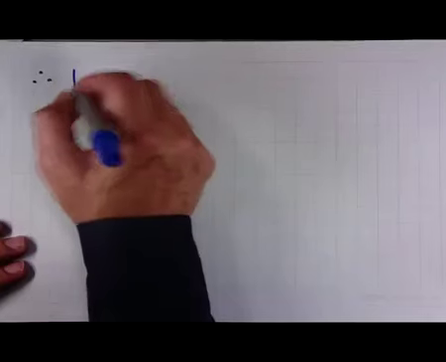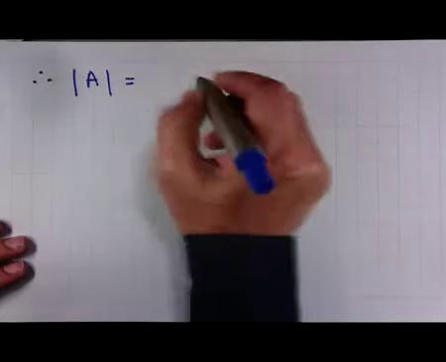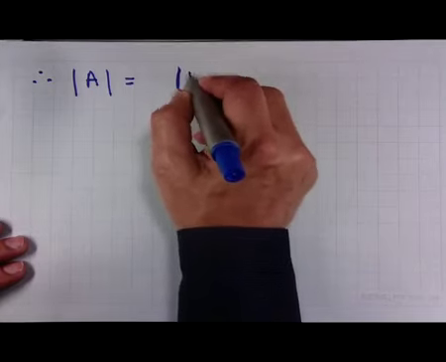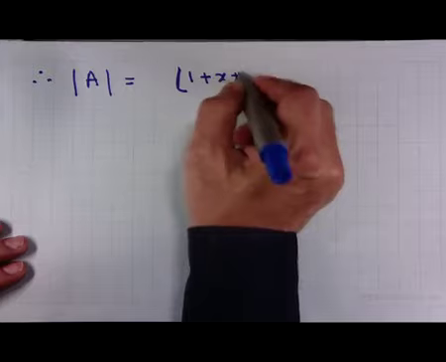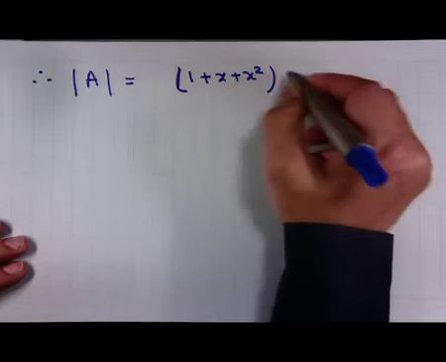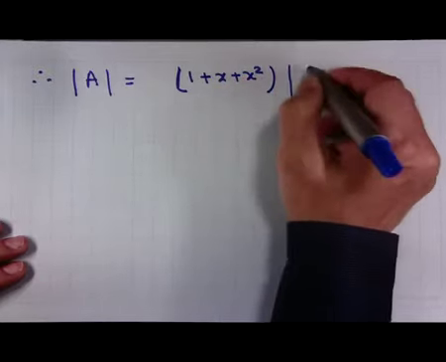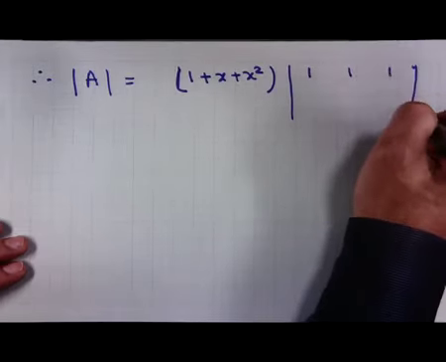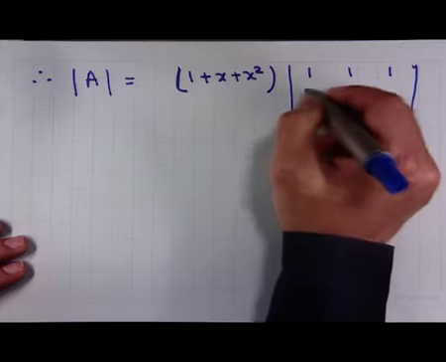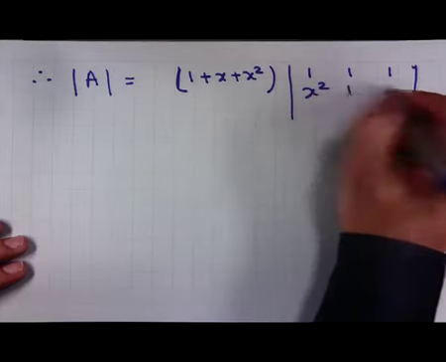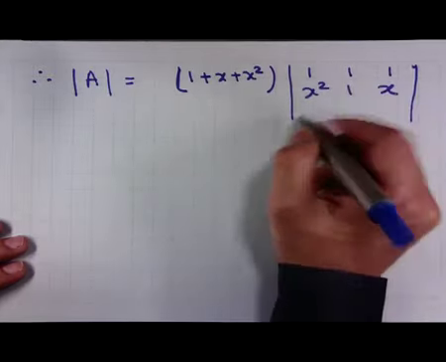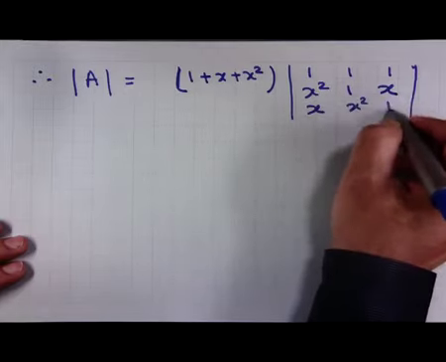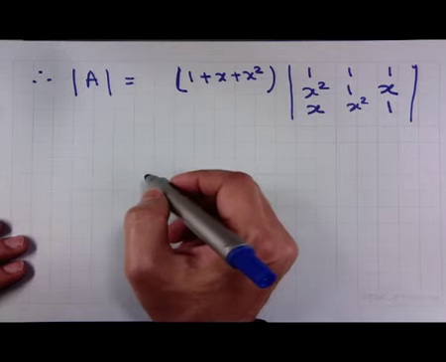Therefore, determinant of A is equal to, say, 1 plus x square into the determinant of 1 1 1; x square 1 x; and x square 1.